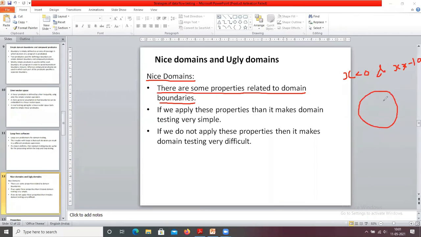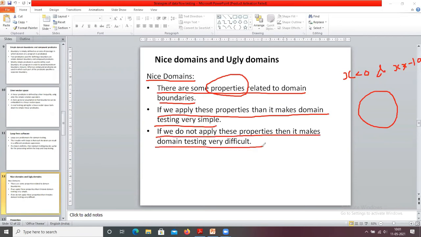If we satisfy and apply these properties, then it makes domain testing very simple. If we don't apply these properties, then it makes domain testing very difficult.